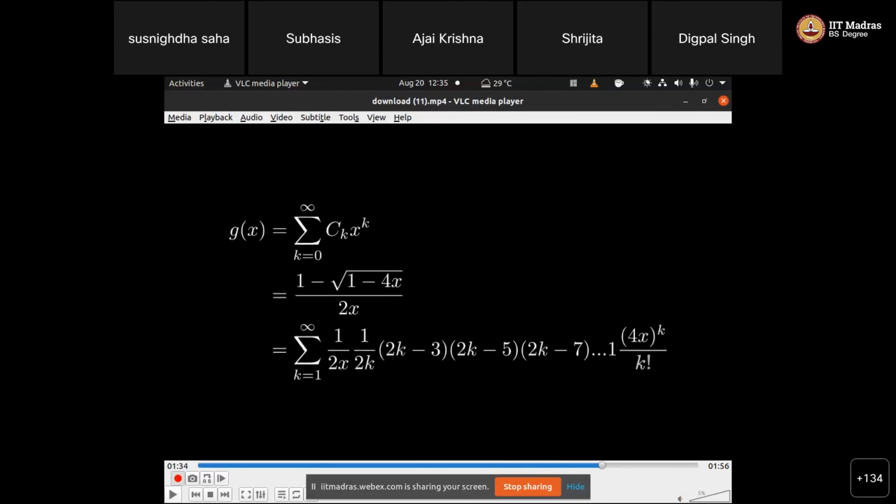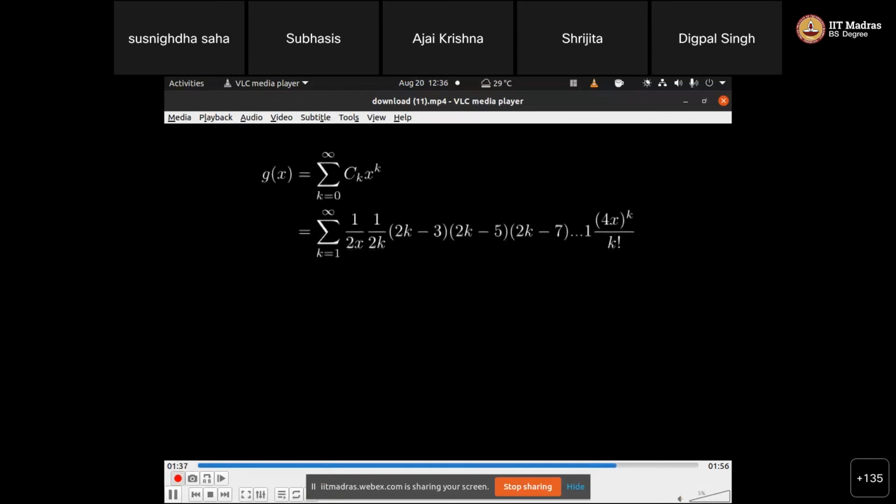Here you'll see that 2k minus 3, 2k minus 5, 2k minus 7 are basically the product of odd numbers between 1 and 2k minus 3. To find a closed form expression, we'll take these two forms of g(x) and compare the coefficients of the powers of x.